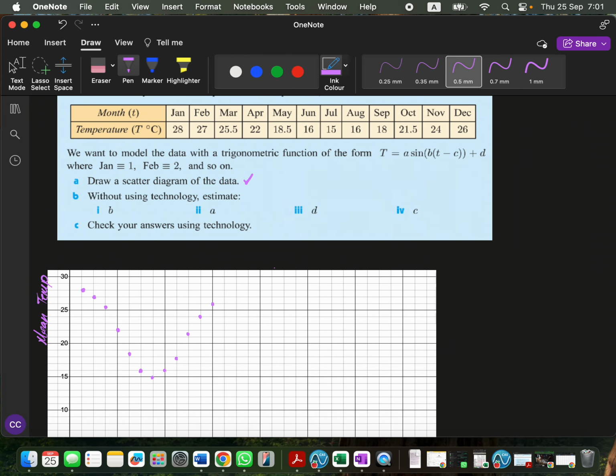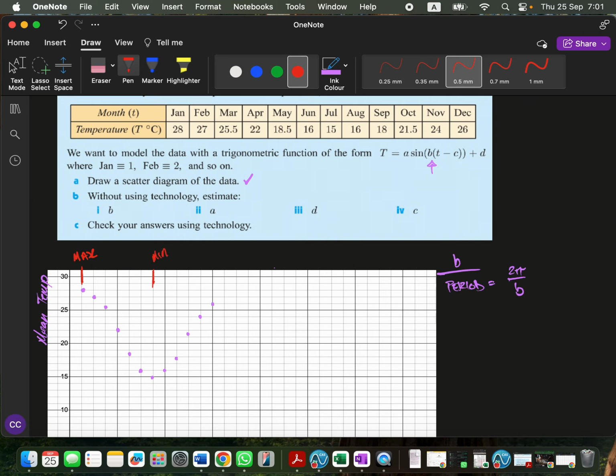Now, without using technology, estimate our b value. And remember, that b value is going to be dealing with the period, right? So the period is always 2 pi divided by b. Well, if I look at this, it looks to me like this is my maximum. I don't have another maximum at the other end, but I do have my minimum here.